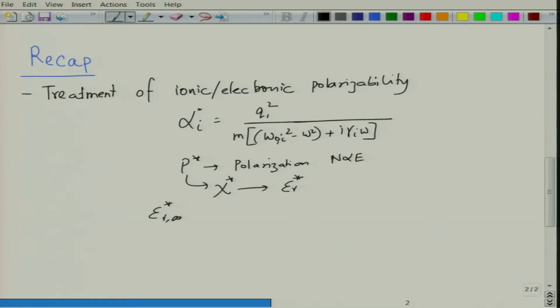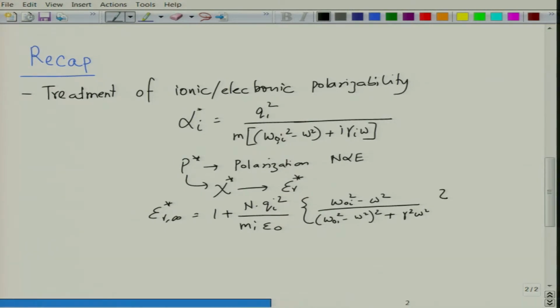So, epsilon r prime was equal to 1 plus n into q i square divided by m i epsilon naught into omega o i square minus omega square divided by omega o i square minus omega square to the power 2 plus gamma square omega square, bracket closed. Sorry, this was the real part.